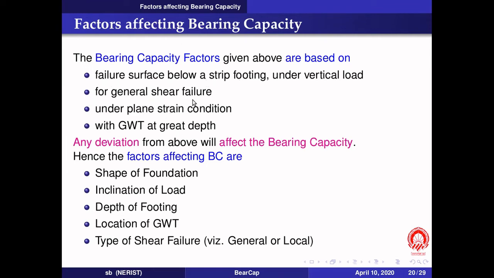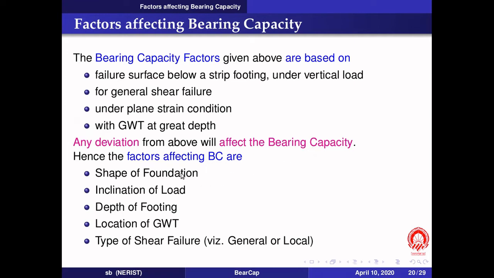This analysis is done for the failure surface that takes place in a general shear failure condition, and with the assumption that the groundwater table is not affecting the calculation because it is at a large depth. Therefore, whenever these factors are different in a real foundation, that is obviously going to affect the bearing capacity of the actual foundation.